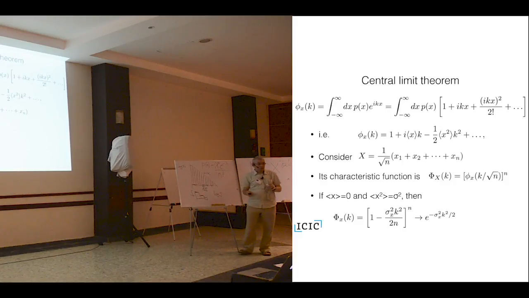So let's consider not the sum of variables, but let's divide it by the square root of n. Now, this is not the average, clearly, but bear with me, you'll see why this is a convenient thing to do.